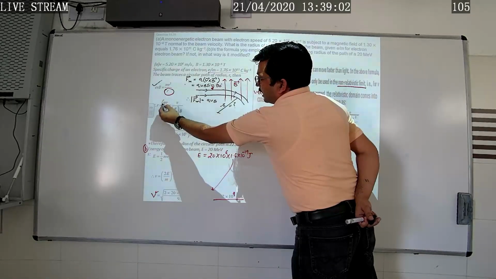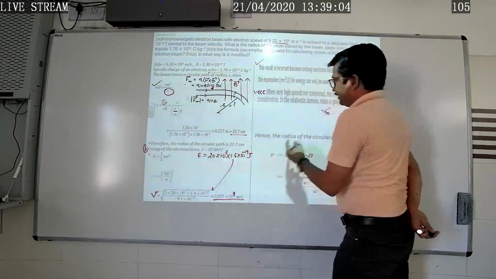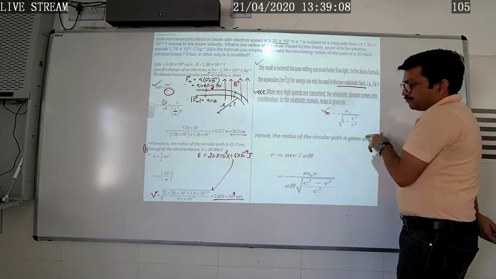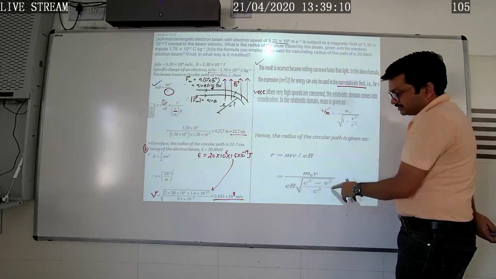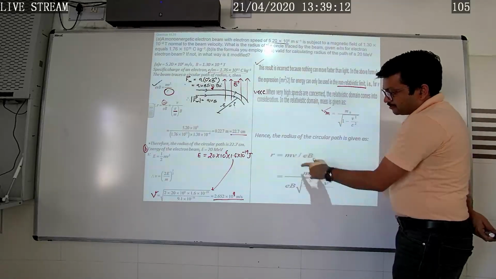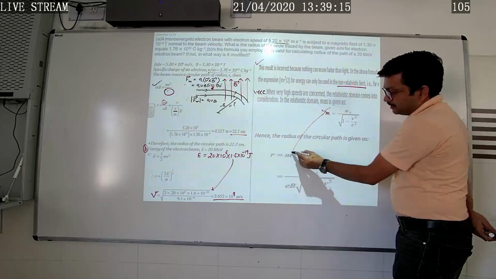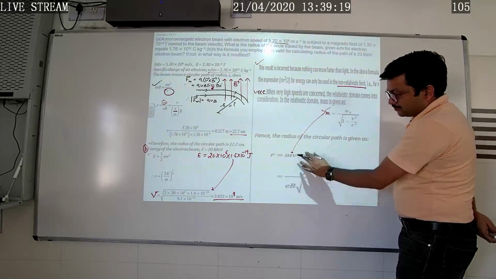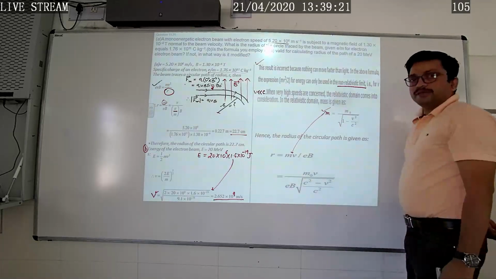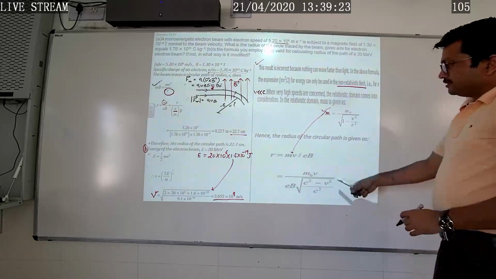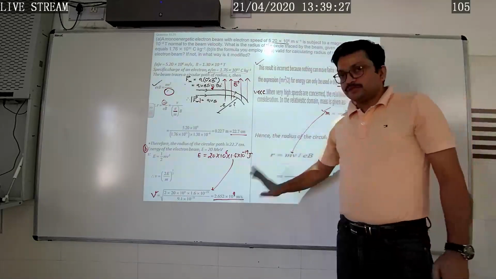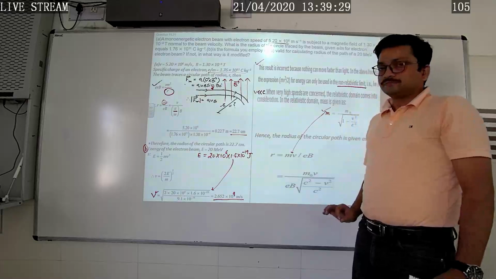Instead of this m, we write m naught over square root of 1 minus v square by c square. Simply by putting this value of m here, the rest of the terms remain the same, and v over eB, it will be like that. In this way we can modify the formula if the electron is moving with this speed.